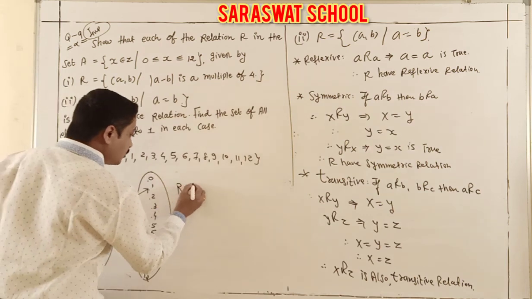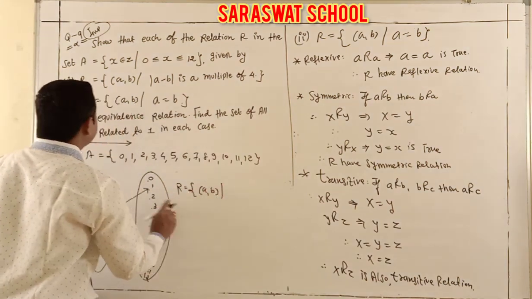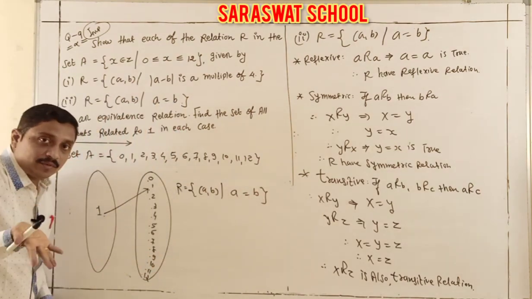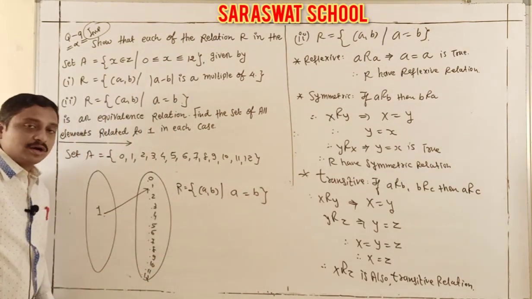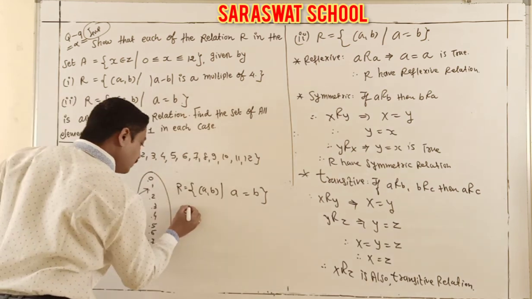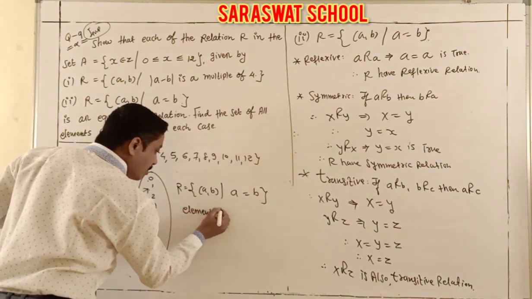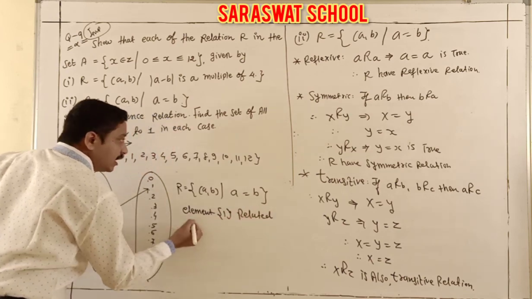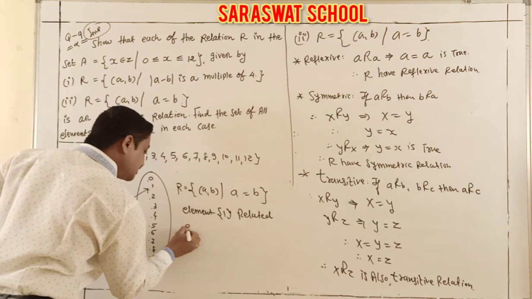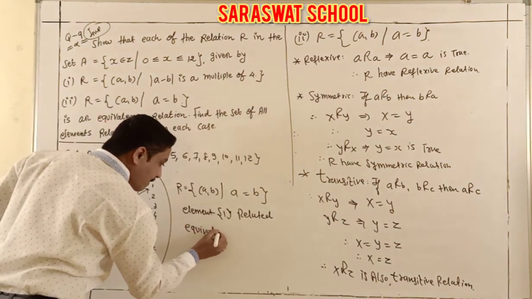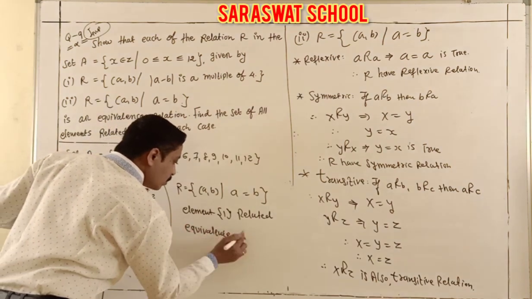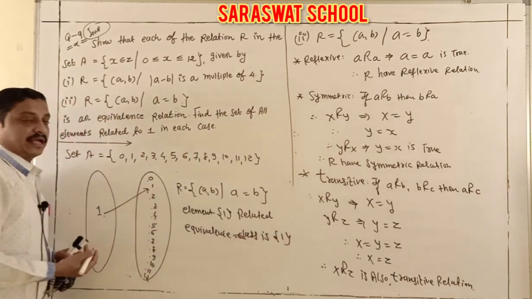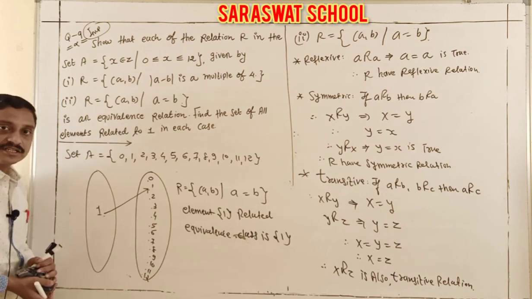Because my relation R is (a, b) such that a is equal to b. So when equal, 1 and 1 are equal, others not. So here the element 1 is related only to itself, I mean our interval equivalence class. The equivalence class is only one, and that finishes our last solution.